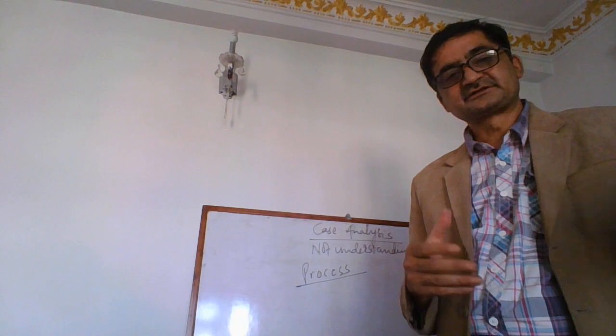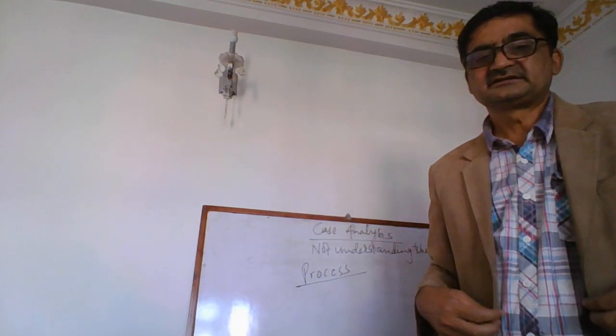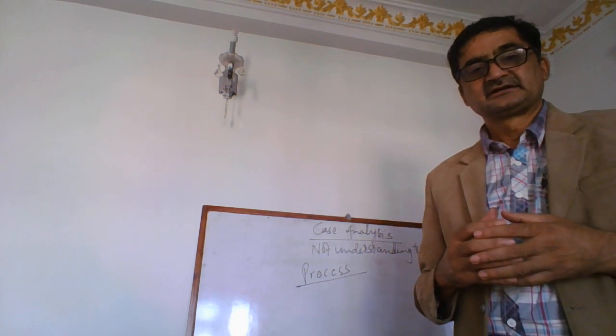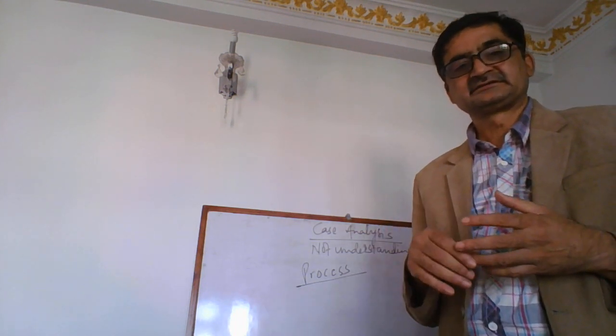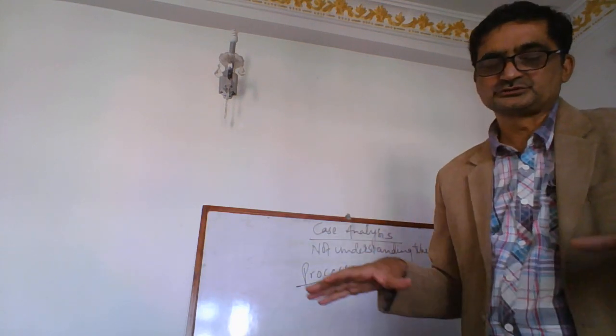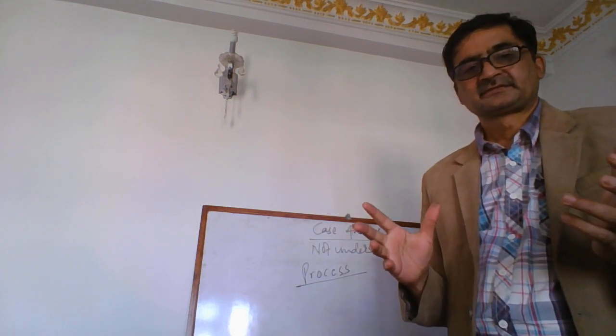Suppose sales have decreased, then the CEO may call a meeting of the production manager, sales manager, or different departmental heads. They will start discussing why it happened.